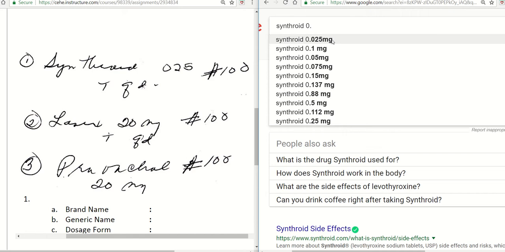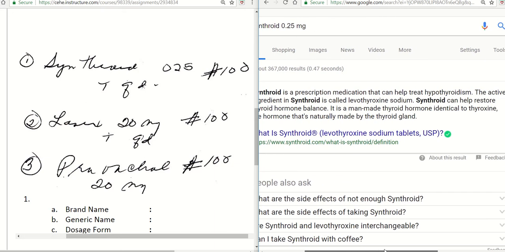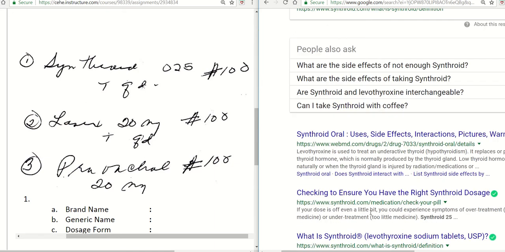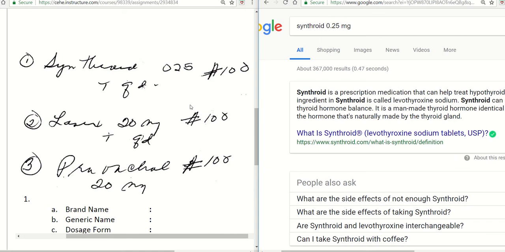That's a 10-fold overdose. Is it the top one here that's highlighted, or is it the bottom one here? 250 mics? 0.25 or 2.5? 25 mics or 250 mics? Let's see if that's available. So how much is it? Alright, let's go with 250. So let's go with 0.25 milligrams.